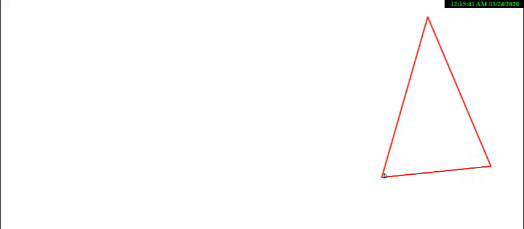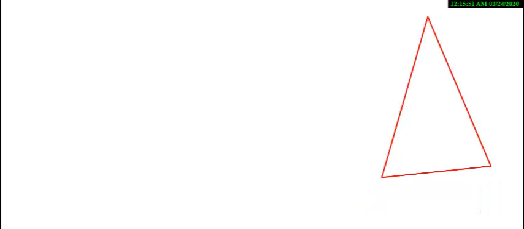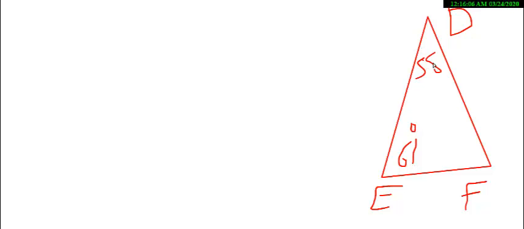The triangle has some mathematical conditions here. This is vertex E, this is vertex F, and this is vertex D. The given information here, 61 degrees for this one, and this is 58 degrees.